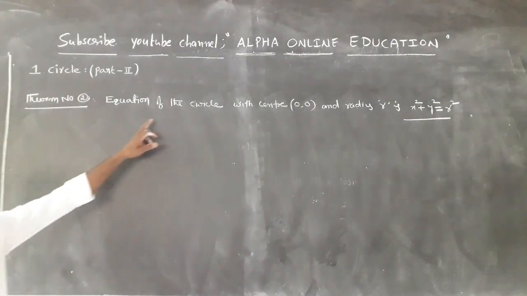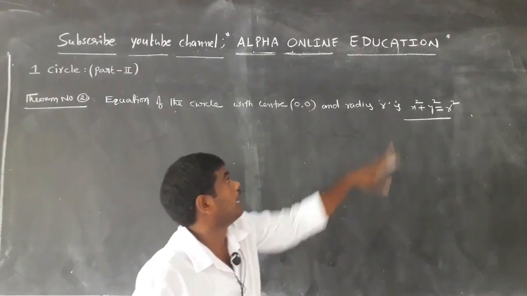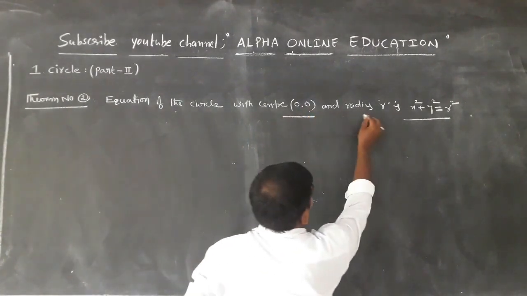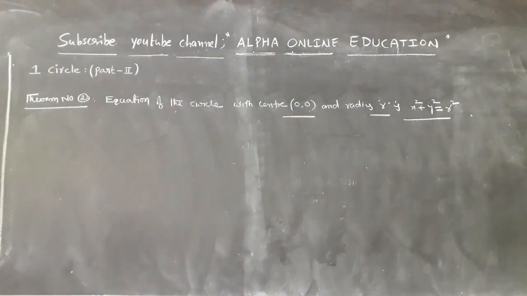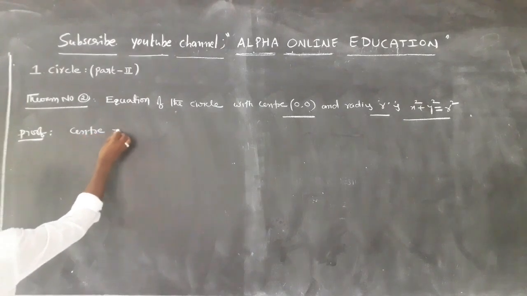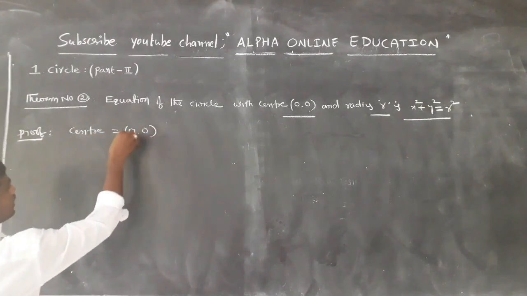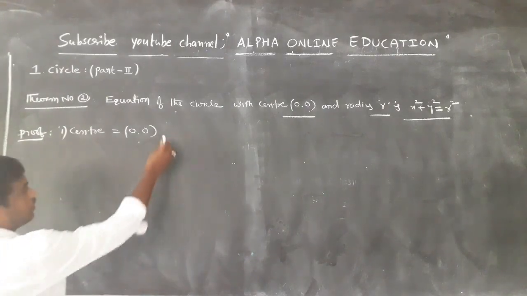Equation of the circle with the center (0, 0) and radius small r is x square plus y square is equal to r square. From the given center and radius, here given that center is equal to (0, 0), 0, 0 means origin.